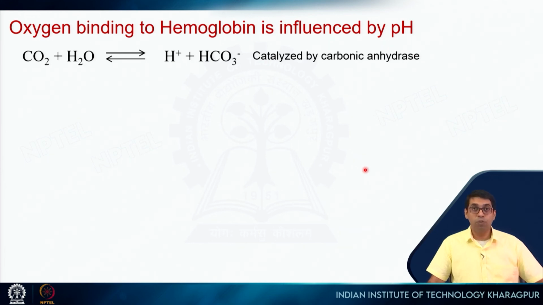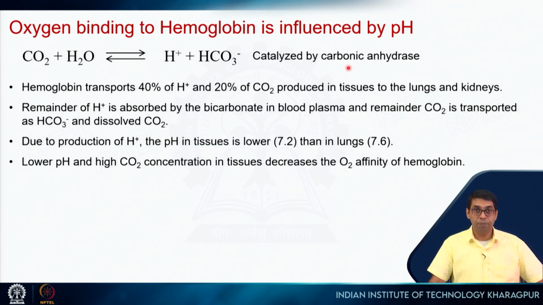So there is more to oxygen binding to hemoglobin. It turns out that hemoglobin also carries back carbon dioxide from the tissues to the lungs. So in the tissues, carbon dioxide is formed and it can react with water to form the bicarbonate ion and protons, right? And this reaction is actually catalyzed by an enzyme called carbonic anhydrase, and this carbonic anhydrase is present in high concentration in the erythrocytes or red blood cells.